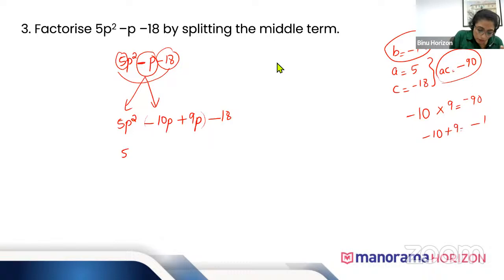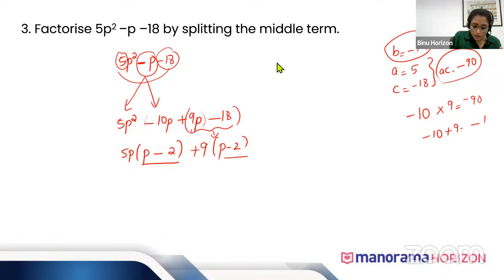Now solve for this. Taking 5p common from 5p square minus 10p, you get 5p into (p minus 2). Now plus 9p minus 18: taking 9 common, you get 9 into (p minus 2). Now p minus 2 is common in one bracket.